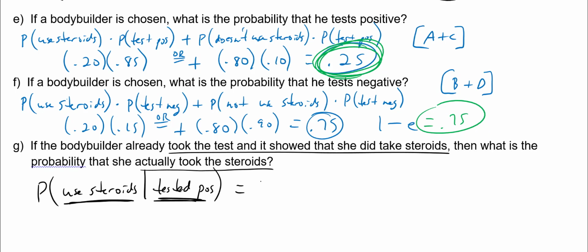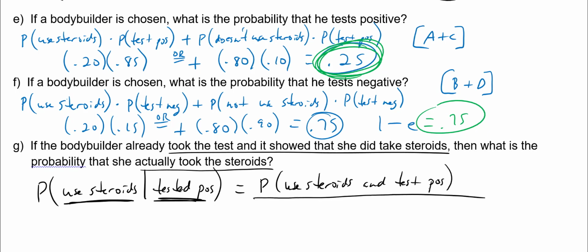Well, isn't that the probability of using steroids and testing positive divided by what? Remember, this number goes right here. So it's probability of testing positive.